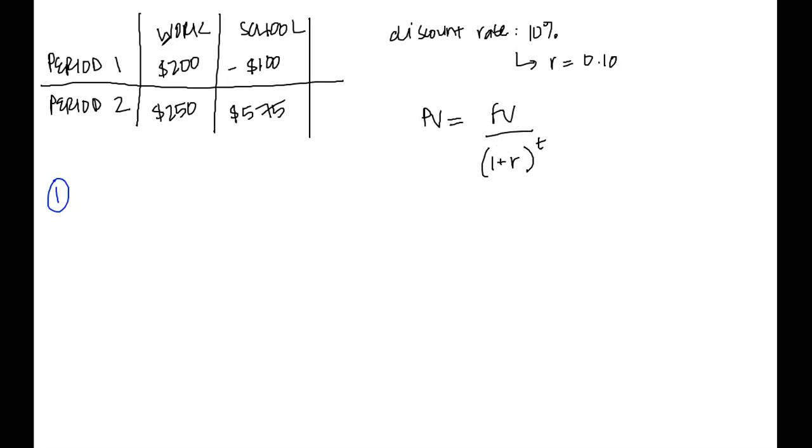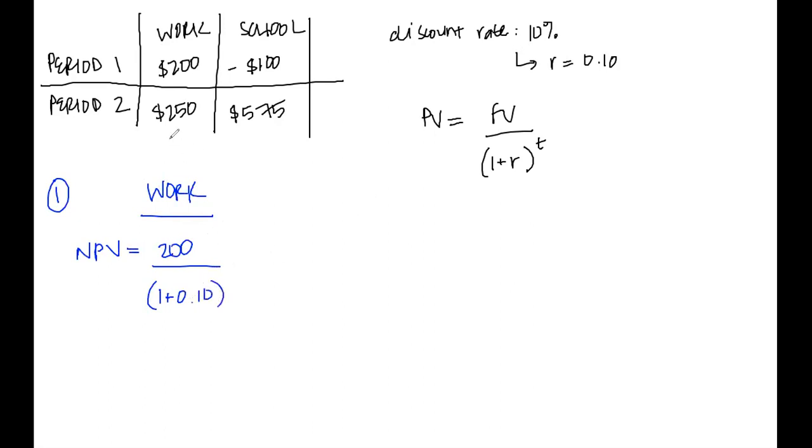So anyway, I'm going to look at the work side first and find the net present value of that. So the net present value is going to equal 200. So we're looking at the first period, and we just use this equation. So the future value over 1 plus the discount rate, which is 0.1 to the t.